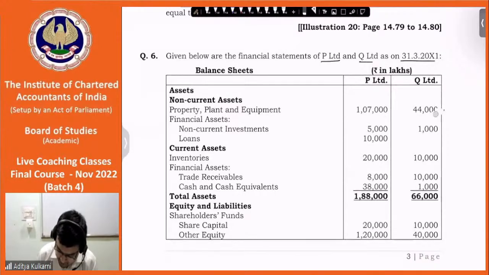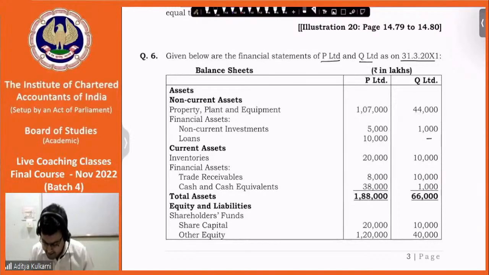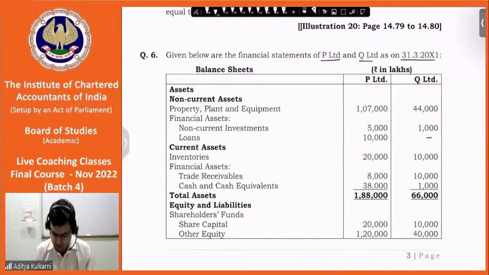Then financial assets, in that non-current investments 5,000, 1,000, loans worth 10,000. Nothing is there here, so this is 0. Under the current assets, I have inventories 20,10,000. Then financial assets, in that trade receivables, cash and cash equivalents, giving total assets of 1,88,16,66,000.